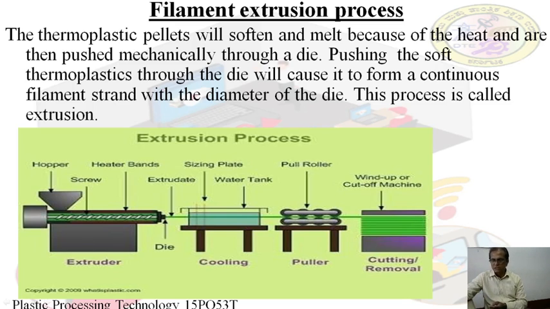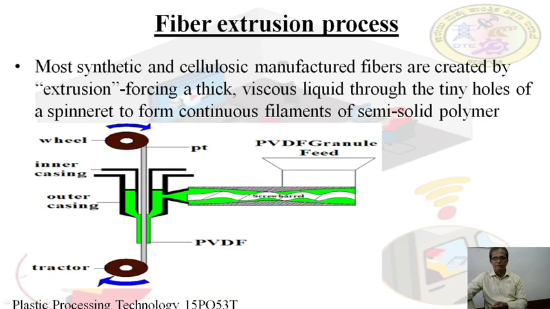This process comes under extrusion. Mostly synthetic and cellulosic manufactured fibers are created by the extrusion technique, forcing a thick viscous liquid through the tiny holes of the spinneret to form continuous filaments of semi-solid polymer.